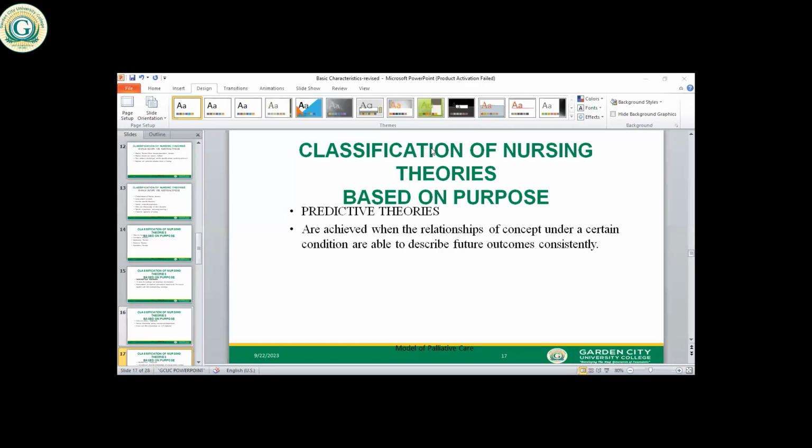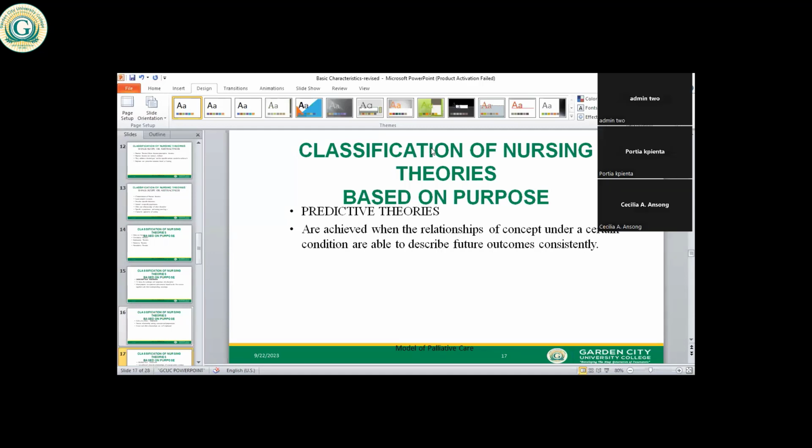These are theories where, after you have been able to establish the cause and effect relationship, you are able to say that based on this finding, there is a likelihood that in future, if a similar thing occurs, then the same effects might be experienced. They are achieved when the relationships of concepts under a condition are able to describe future outcomes consistently.